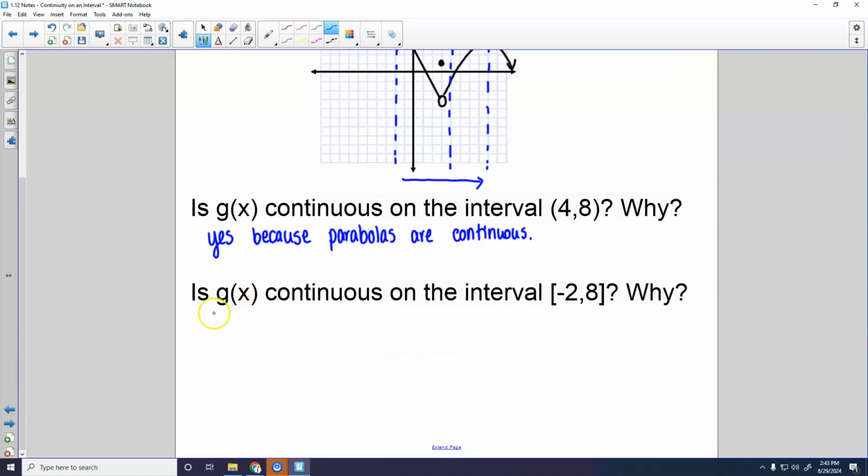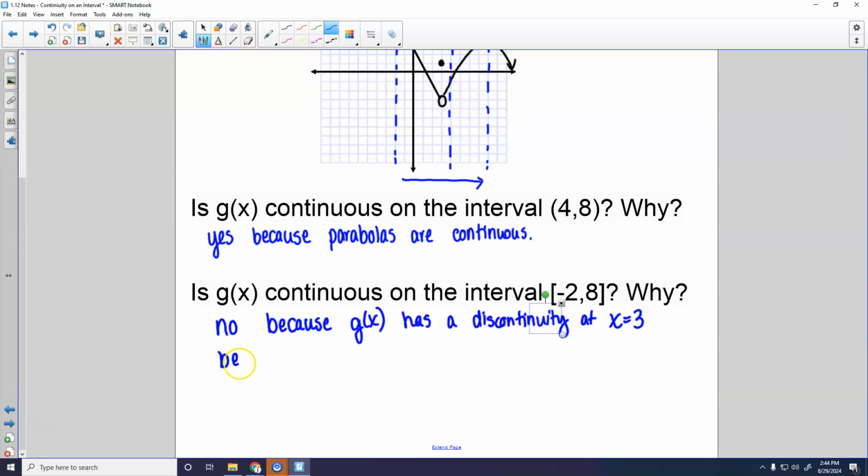So we would say no, because g of x has a discontinuity at x equals 3. Okay, so we need to explain why.